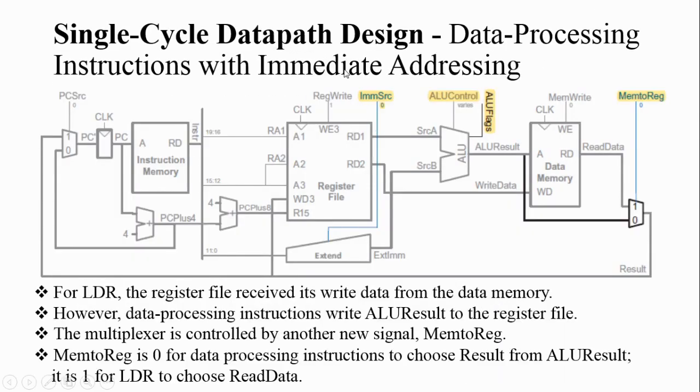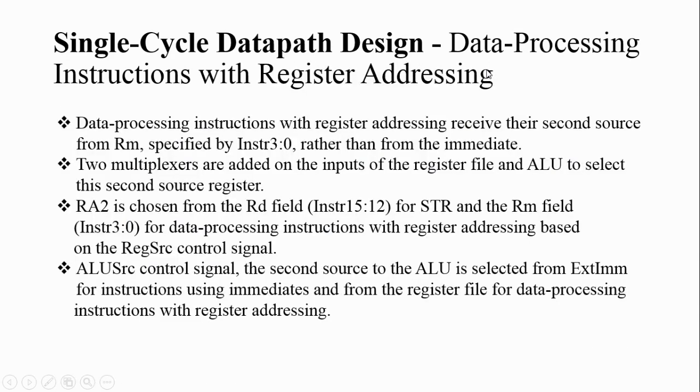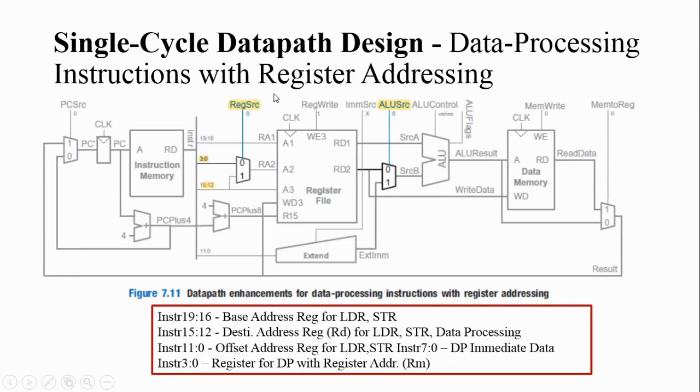So this was immediate addressing, where you add the first operand with the immediate value. In register addressing, that is the data processing instruction with register addressing, you are adding the first operand register with the second operand register, right? For doing that, the first operand register is already specified here, bits 16 to 19.